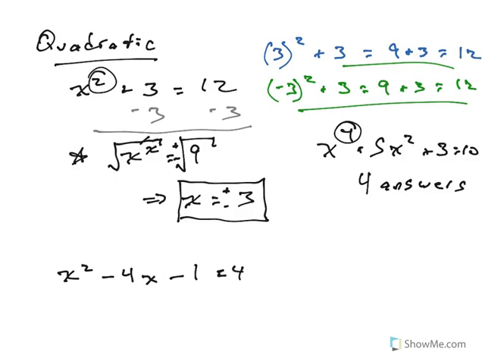Now obviously, this equation is different from the top equation because the top equation had an x squared but no other terms with x in it. This new equation has an x squared term and a linear term, an x term as well.